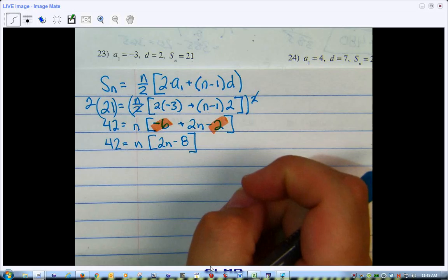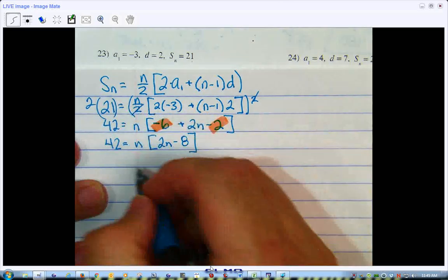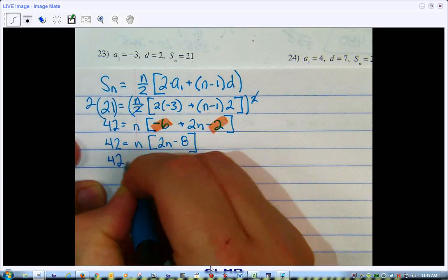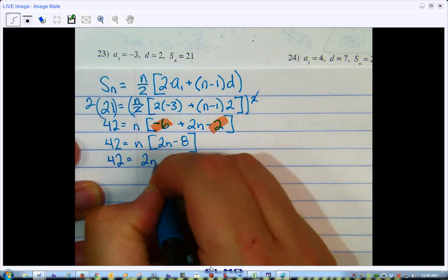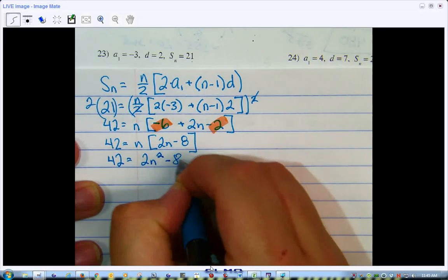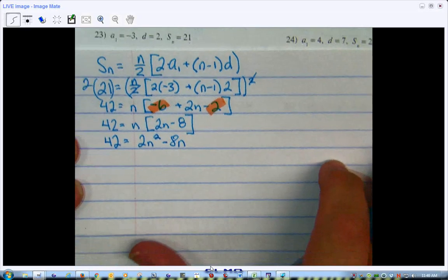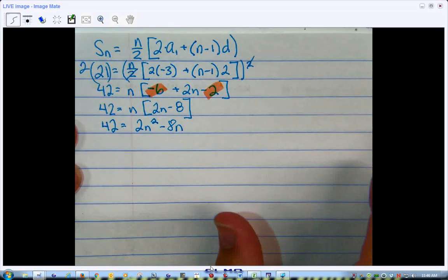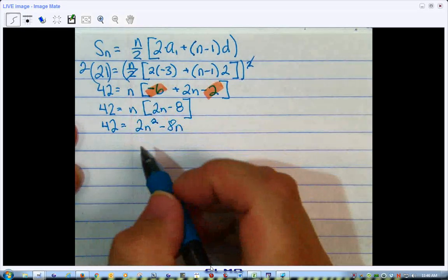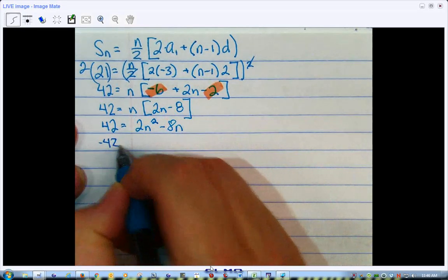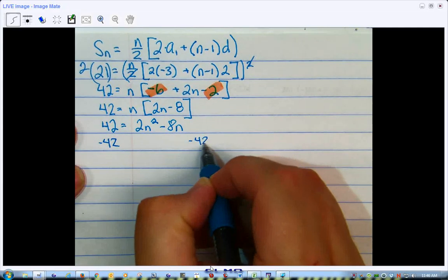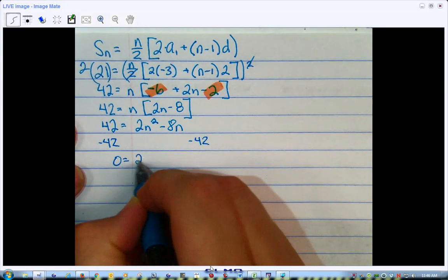So I get 42 is equal to 2n squared minus 8n. Now, to make our lives a lot easier, subtract that 42 from both sides. Get 0 is equal to 2n squared minus 8n minus 42.